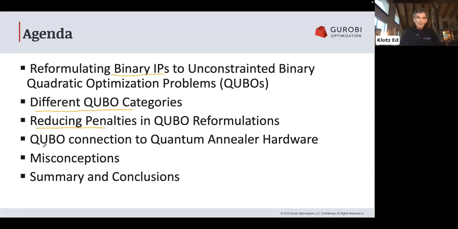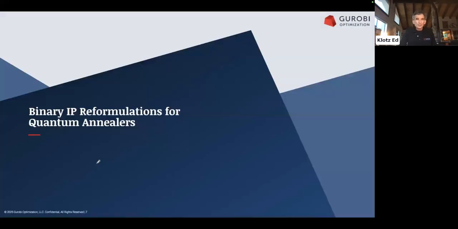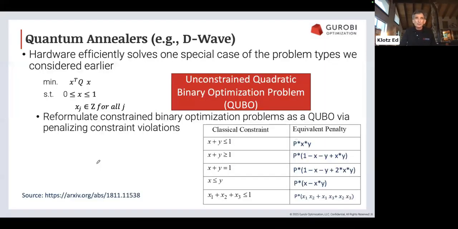Then another aspect of this is that this quadratic problem type has to connect efficiently to the actual annealer hardware. Lastly, I'll go into some misconceptions about really about the state of the art in classical computing, and then we'll wrap up. So the first thing is this reformulation for quantum annealers.